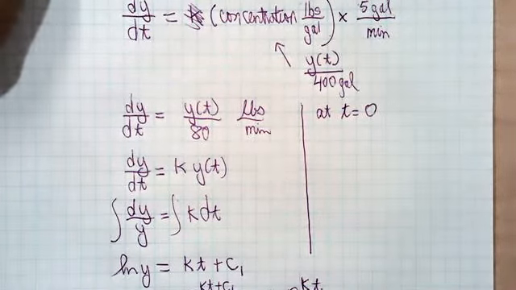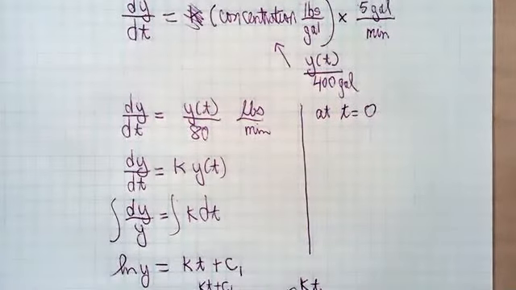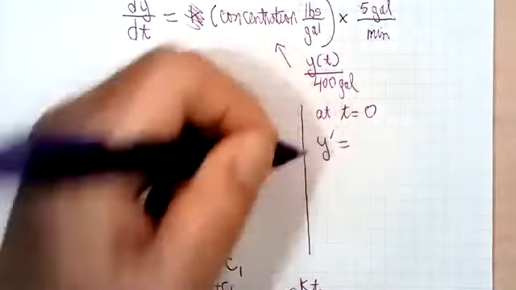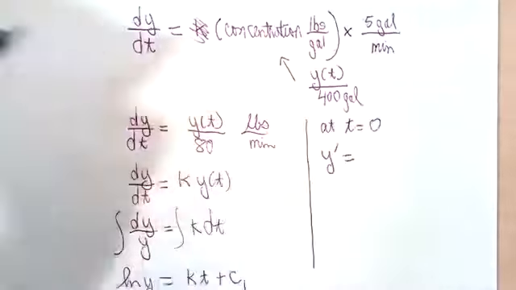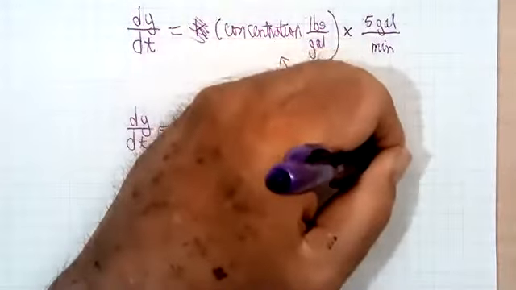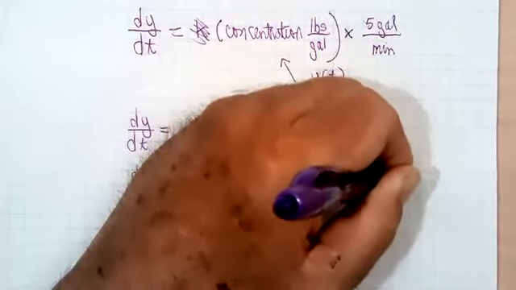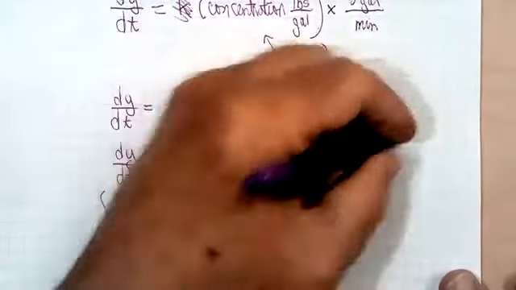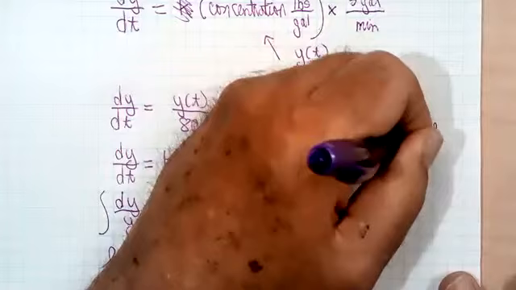In 400 gallons of solution. At that moment, you have the full concentration, 50 pounds in 400 gallons, and it's coming out at 5 gallons per minute.